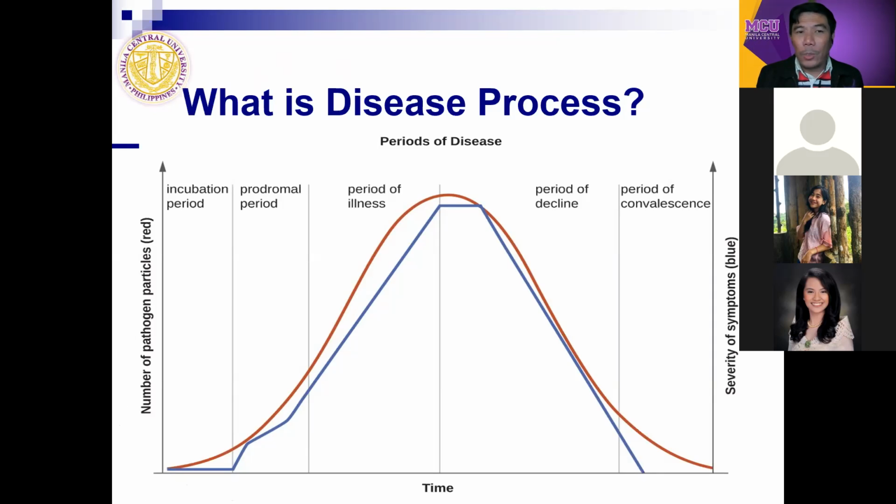Even in the prodromal period, you may have hyperthermia only or a problem with febrile conditions. But as it goes on with the succeeding days, more symptoms are added, and that is the peak of more symptoms and signs that reveal the chances that the disease is progressing.